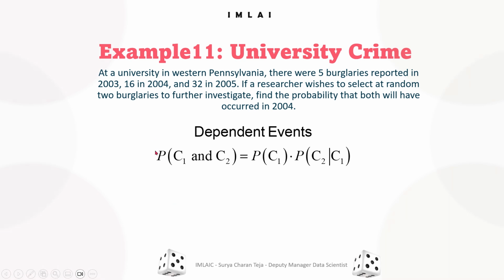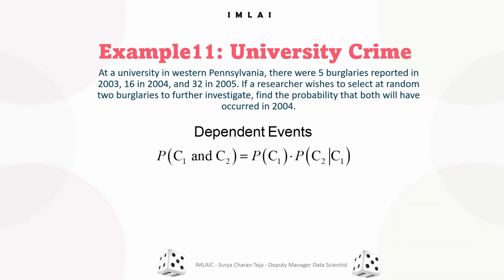That's the reason the probability of C1 and C2 is equal to the probability of C1 multiplied by the probability of C2 given that C1 has occurred, because you want to find the probability that both will have occurred in 2004. We are worried about 2 events in 2004 only. Then obviously they have to occur, and they are dependent.